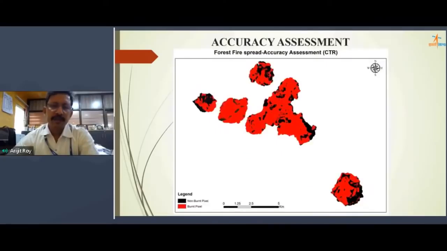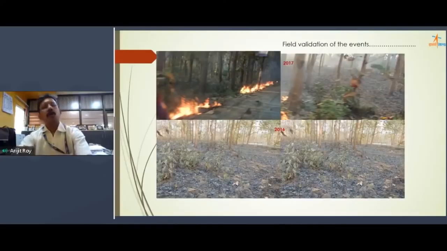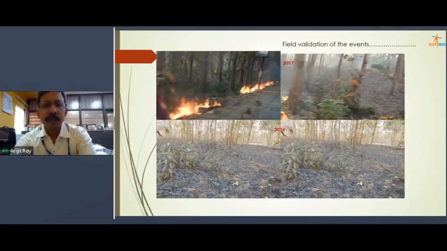So you see, the red one is the area which has actually burned on the ground, and the black one was the area which has been simulated by the model. So you can see a very good match between the actual burnt area and the simulated burnt area. And all these were validated through actual field visits and extensive ground verifications.